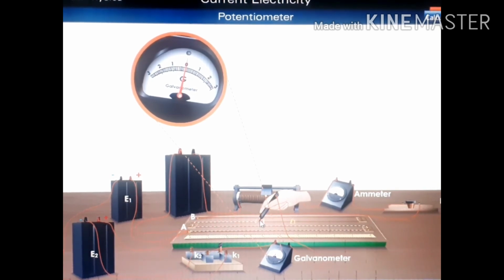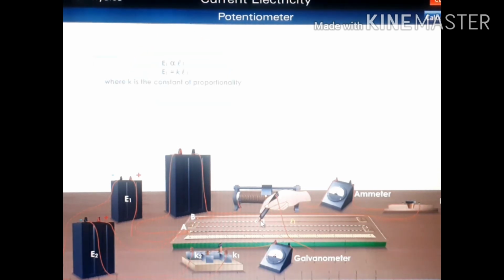This is the point where the galvanometer shows zero deflection, and that point is the balanced point. Here the EMF of that first cell is directly proportional to the balanced length on potentiometer wire. See here the balanced length. Suppose it is denoted by L1. Therefore E1 is directly proportional to L1.